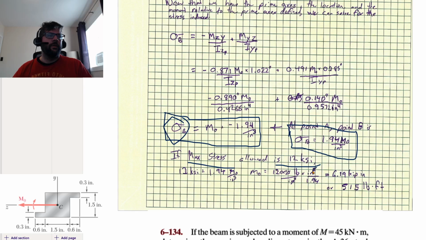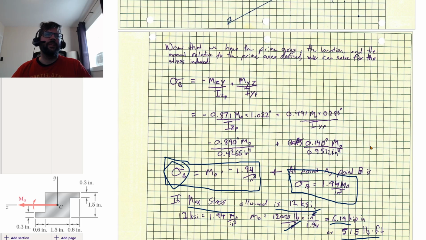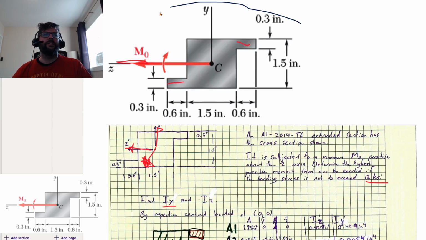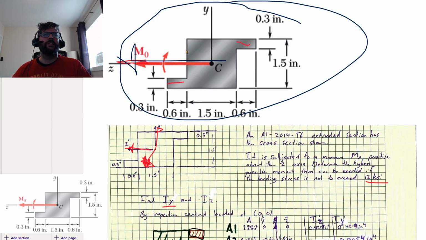So 2 of those inches cancel out, which leaves us with 12.19 kip-inches, or if you wanted to divide that by 12 to give us 515 pound-feet. So that's the maximum bending moment that you can apply to this sucker about this axis without causing the stress level to exceed 12 ksi.